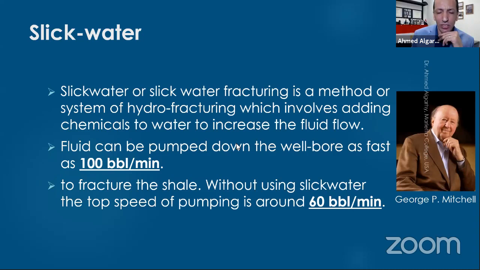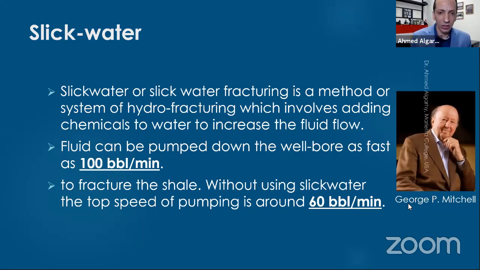That fluid is very expensive. So around maybe 20 years ago, a guy, an American whose dad and mom were from Greece, so he's a Greek immigrant, named George Mitchell, got a crazy idea to use only water injected at very high pressure and very high rate, around 100 barrels per minute.